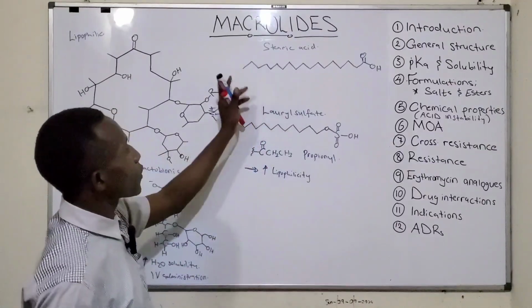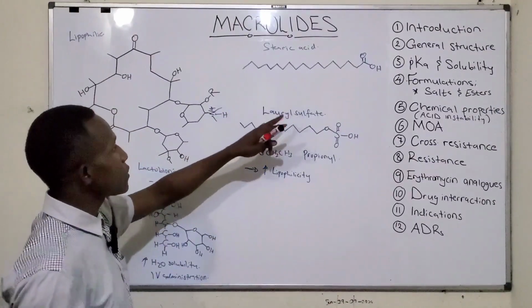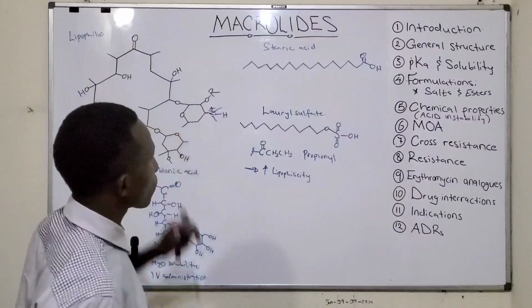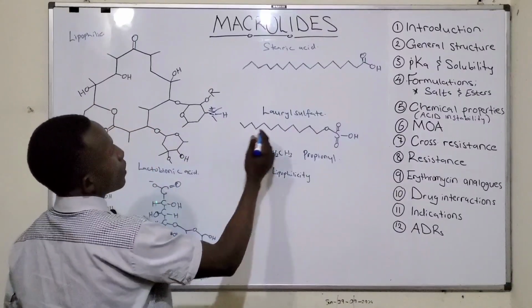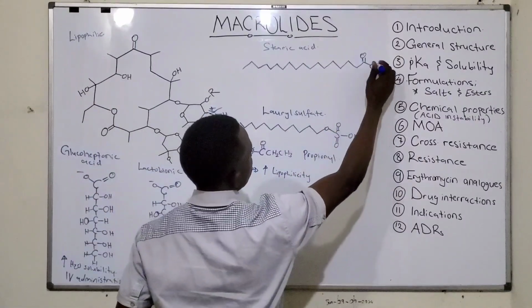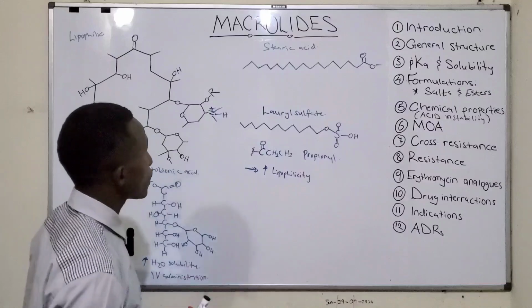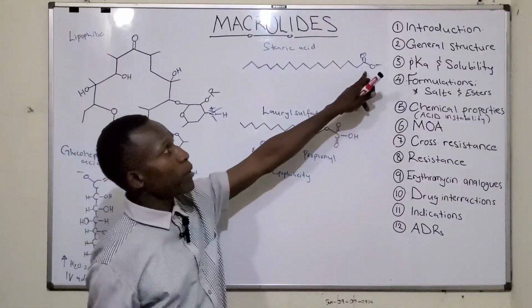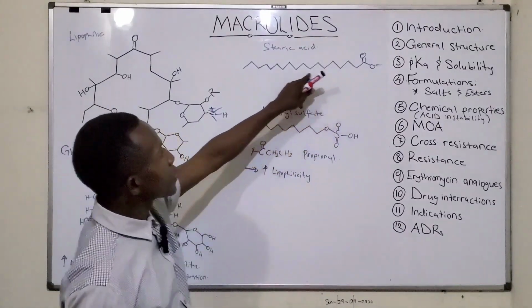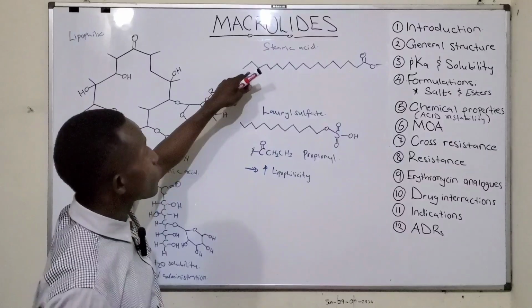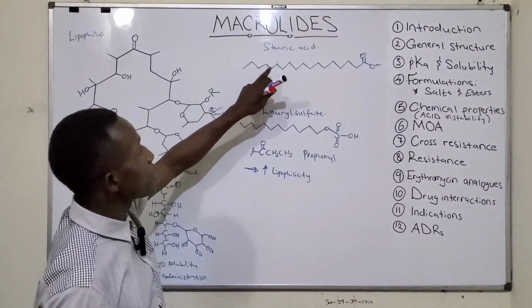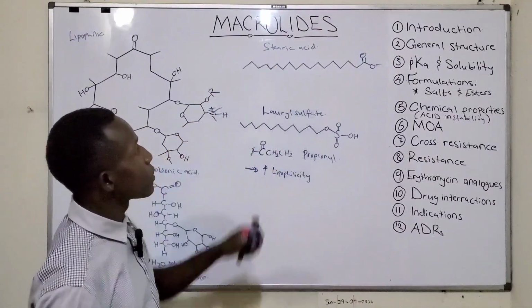You can have the erythromycin stearate. This one will be minus now. But as you can see, we have the polar group here, but this chain is too long for it to be water soluble. It is lipid soluble.